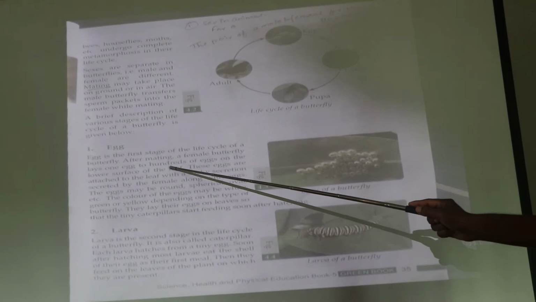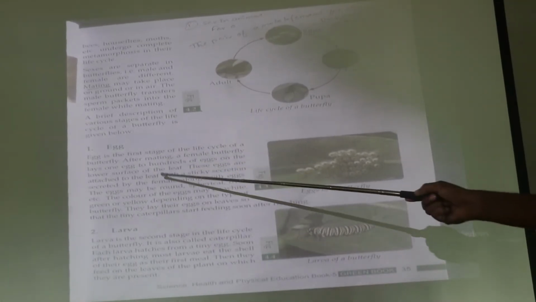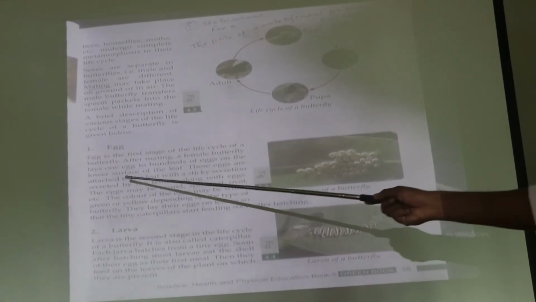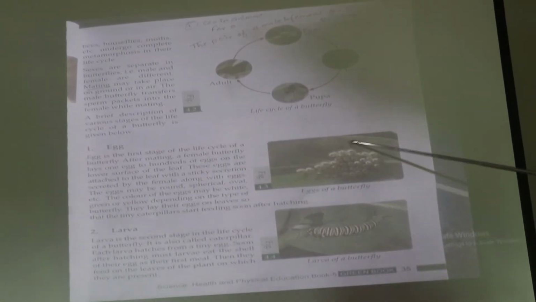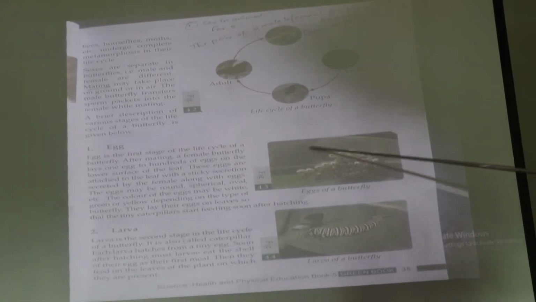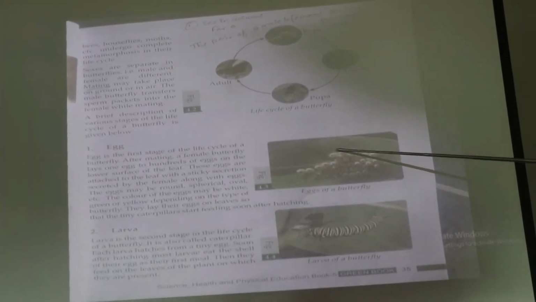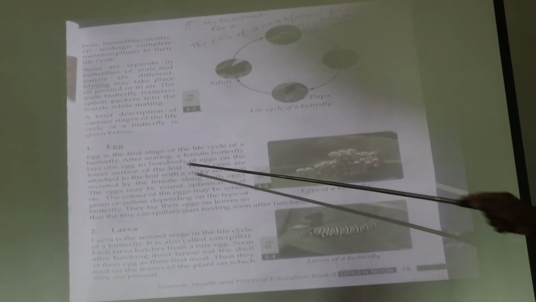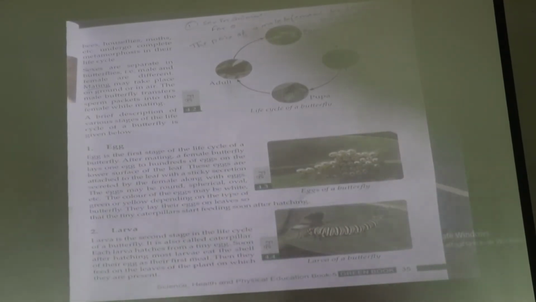After mating, a female butterfly lays hundreds of eggs on the lower surface of a leaf. These eggs are attached to the leaves with a sticky secretion secreted by the female along with the eggs.